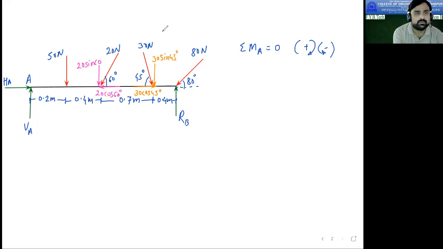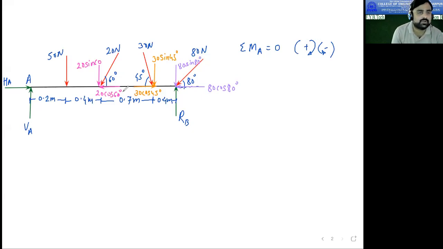Now again, if I resolve this remaining force, parallel to Y and parallel to X, two components: this is 80 cos 80 and here it will be 80 sine 80. So these are the components.